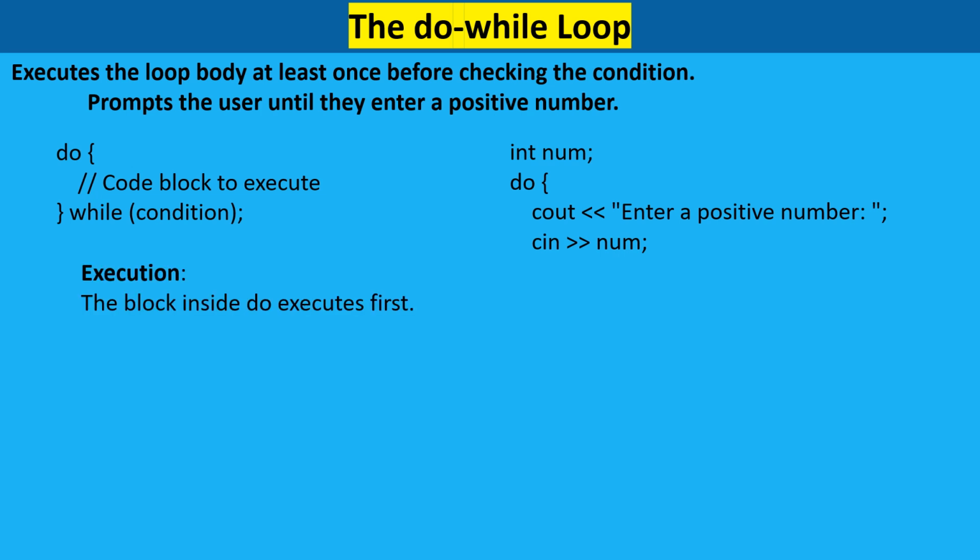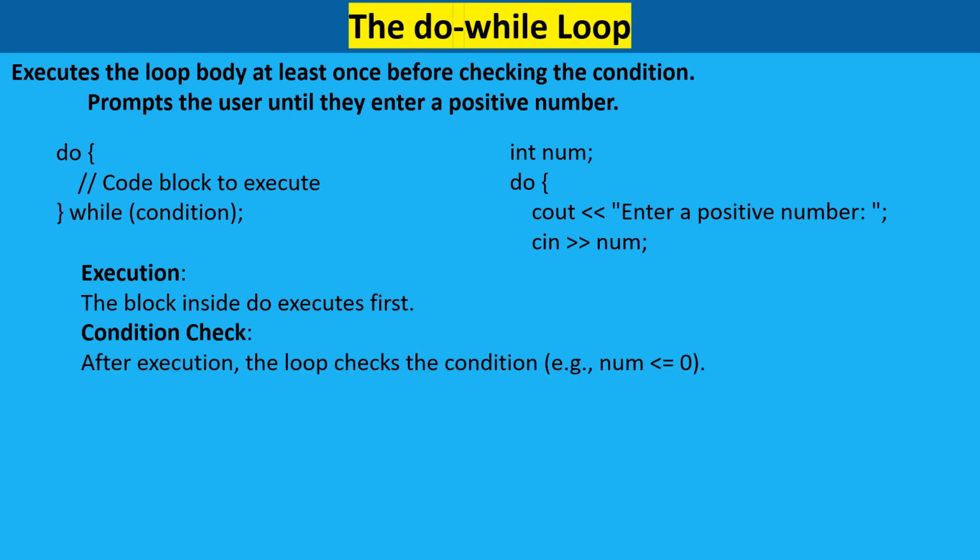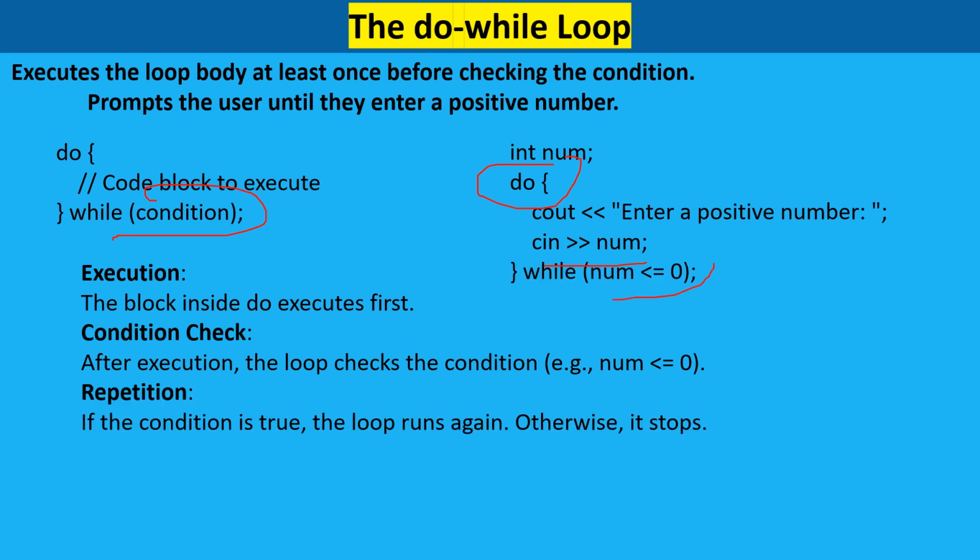So the block executes first, and that is 1. And the condition block checks after execution whether num is less than or equal to 0. And repetition: if the condition is true, the loop runs again, otherwise it stops.